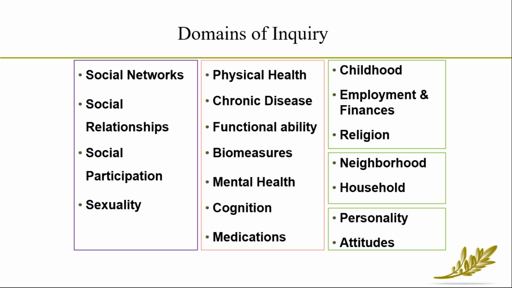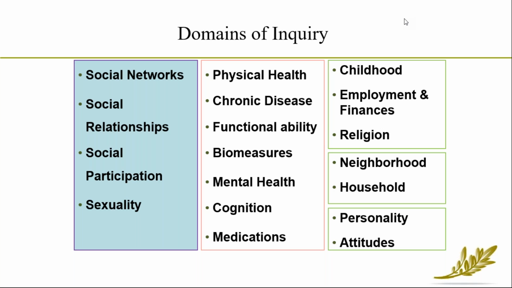There are a number of domains of inquiry in NSHAP, and I'll walk through these broad domains in summary. In the social domain, NSHAP is exceptional in that it collects a social network roster that identifies close confidants of that person, so one can estimate social network size. You can also estimate relationships with and among network members.